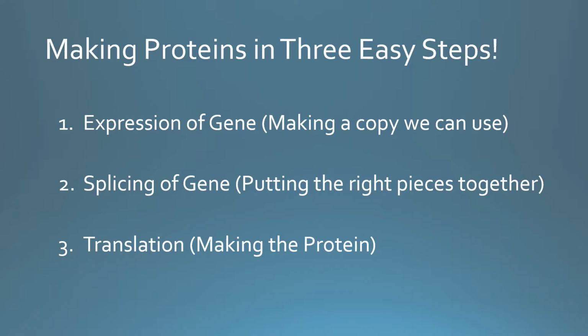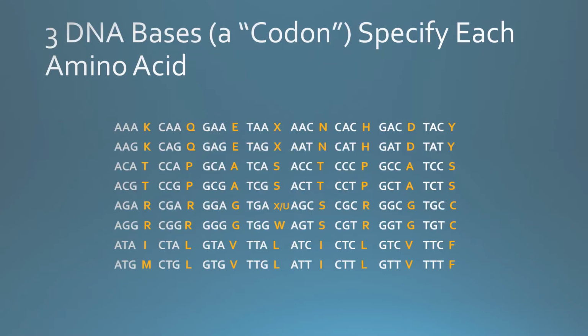Then it turns out that the way that the DNA is organized in our genes, the RNA needs to be spliced together so you have something that can be turned into a protein. And then that RNA sequence is translated into an amino acid sequence.